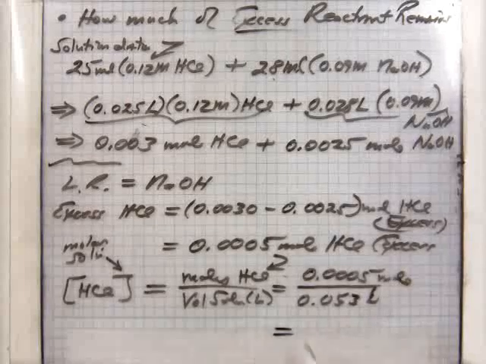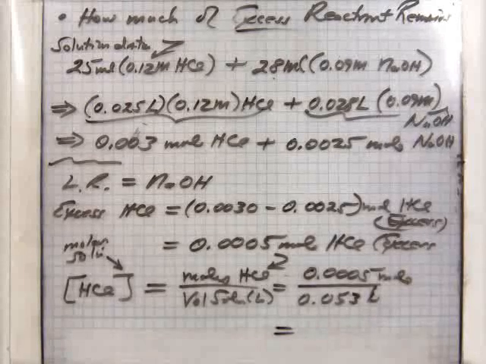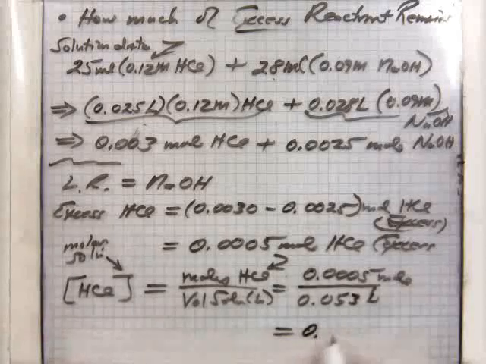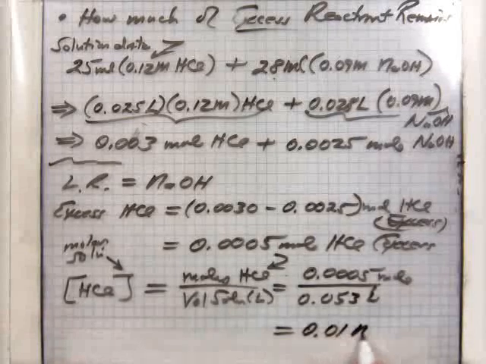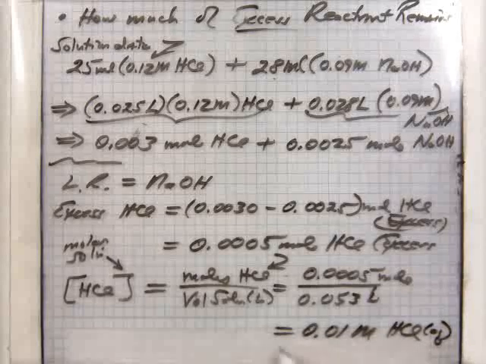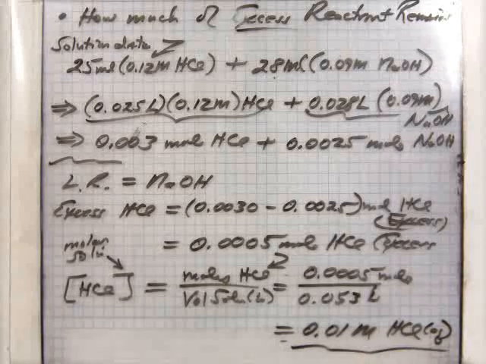And so your concentration remaining of excess HCl is roughly 0.01 molar in HCl aqueous solution. That's your concentration as you apply. And you will run into this many times as we go through.